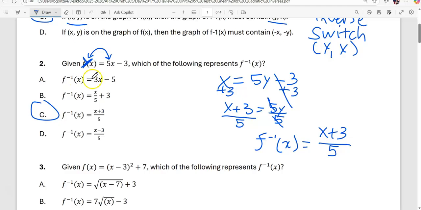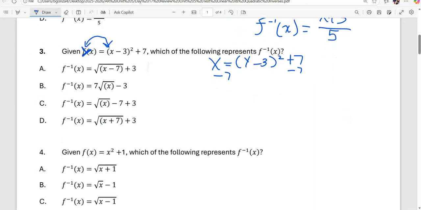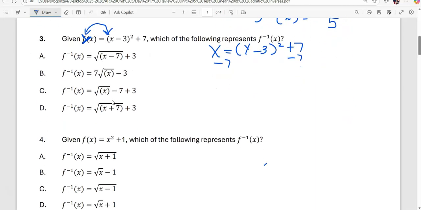So number 3, same thing. Okay, let's find the inverse of a quadratic. So again, this is y. You switch x and y. So x equals (y minus 3) squared plus 7. Let's get rid of that loner, plus 7. Minus 7 first. Scratch this out.